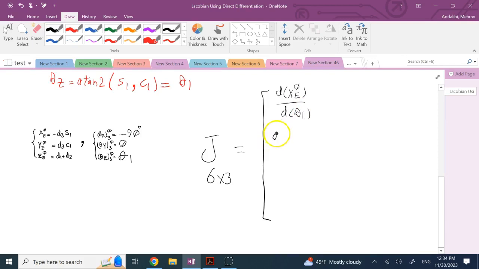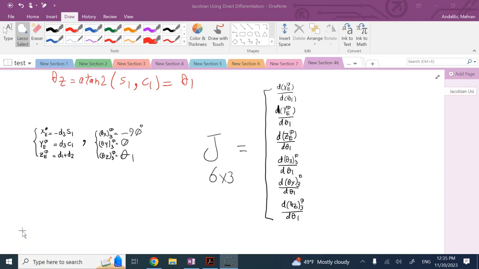The next one is the derivative of y of the end effector in base, again with respect to theta 1. And you keep going down and add all these other ones. So this is my first column: all derivatives of all of these degrees of freedom with respect to the first joint angle.